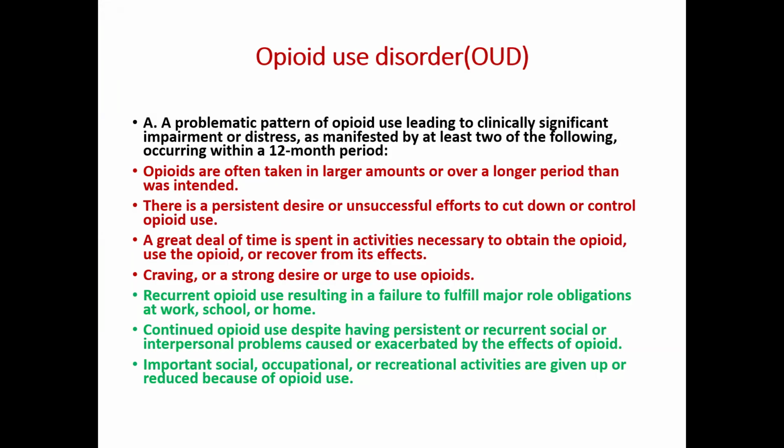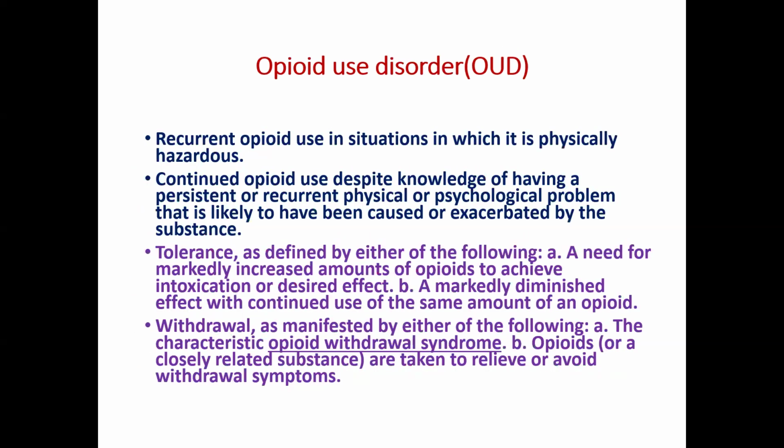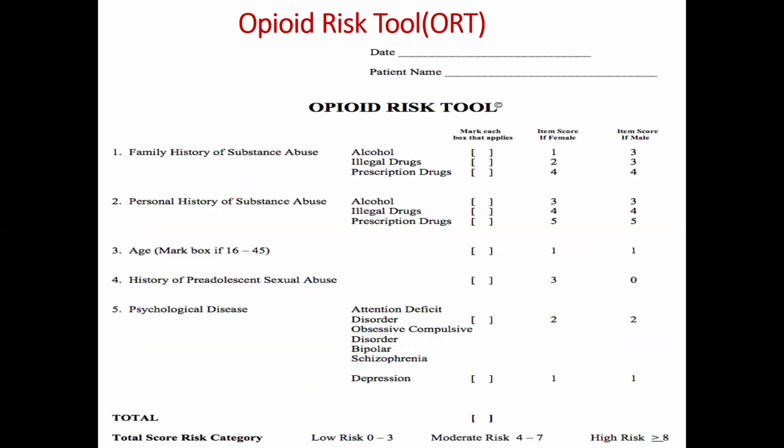Opioids are often taken in larger amounts. There is a persistent desire or unsuccessful efforts to cut down. Also, a great deal of time is spent in activities necessary to obtain the opioids, and then craving, or a strong desire or urge to use opioids. And there are other criteria. I would recommend that you read them on your own time.